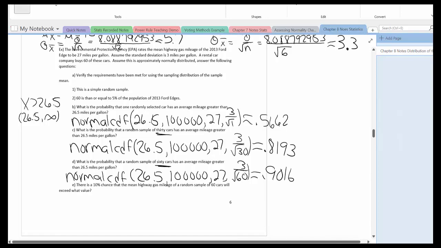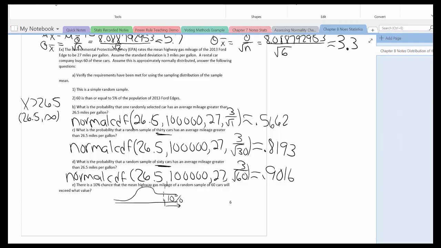Okay, let's take a look at part E. There's a 10% chance the mean highway gas mileage of a random sample of 60 cars will exceed what value? So I'm going to draw a bell curve first for this, and then we'll discuss further. So here's a drawing for the top 10%. Now, it's not asking for a probability and not asking for a proportion. So which calculator function am I going to use? That's going to be inverse norm.